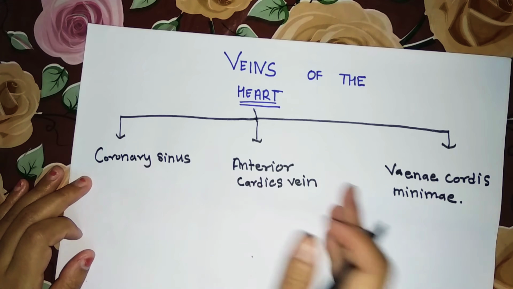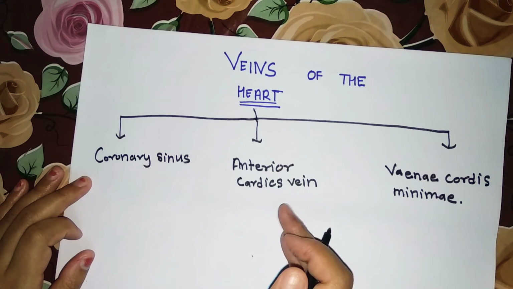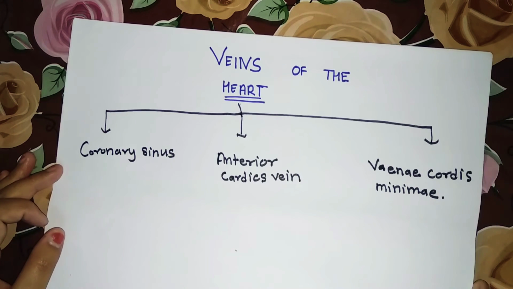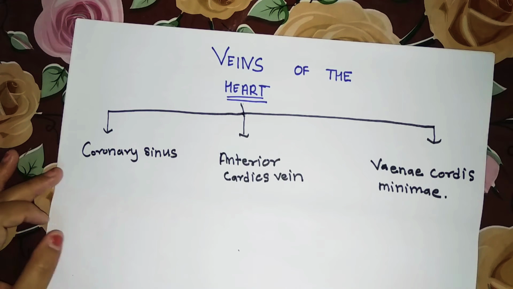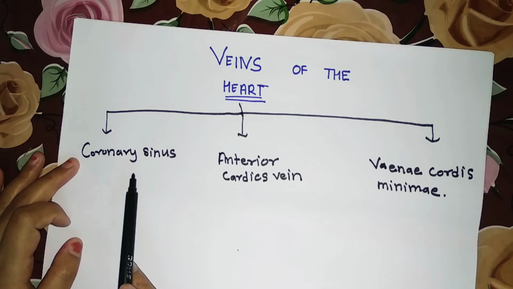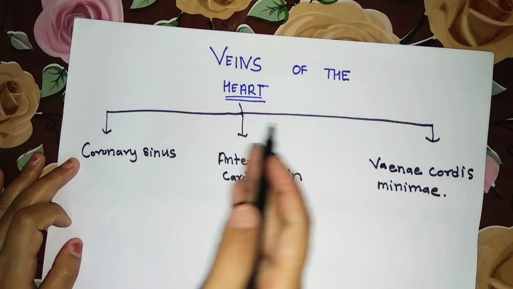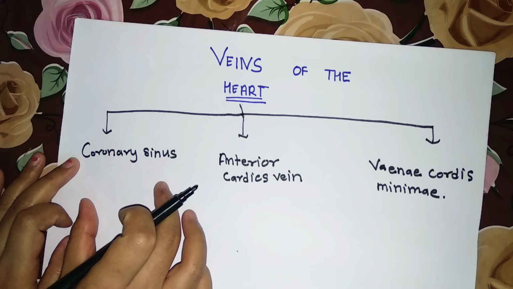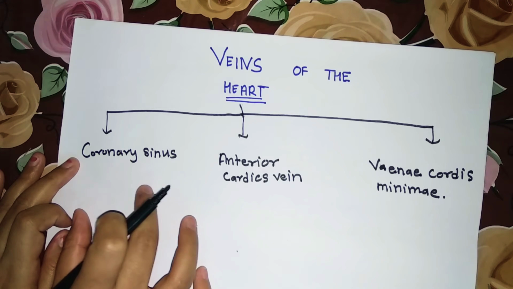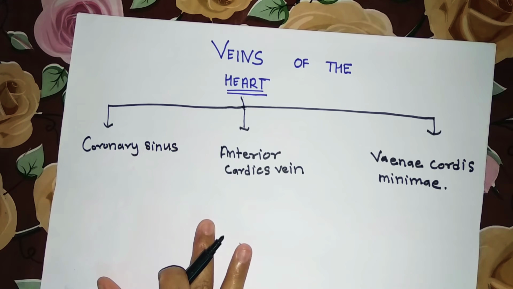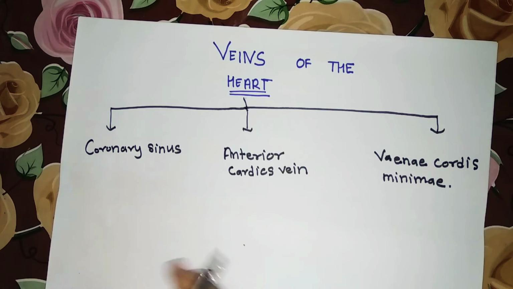Next video we'll see the diagram part; if you know the diagram, this theory part is very easy. The coronary sinus is about 3 centimeters long, and then we'll see the 7 tributaries.